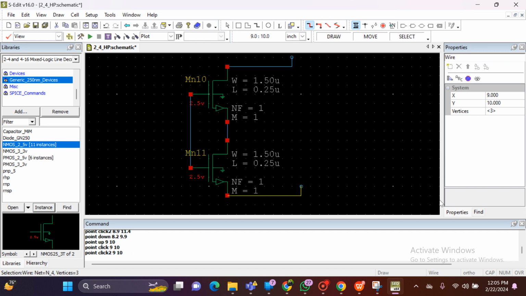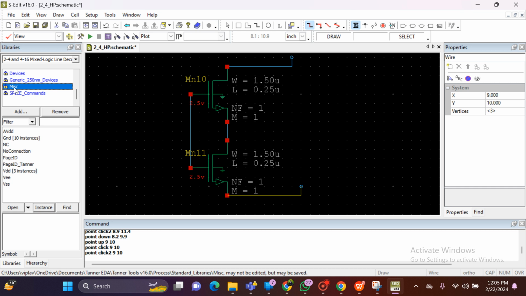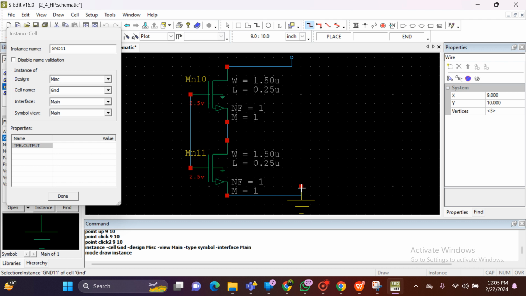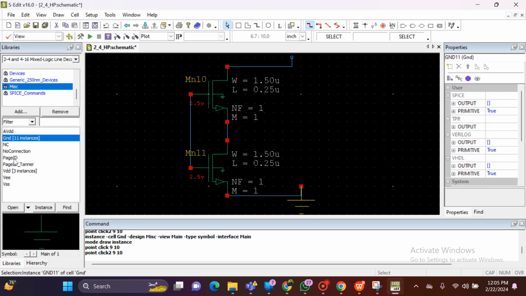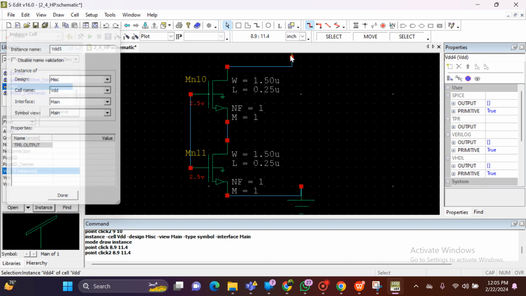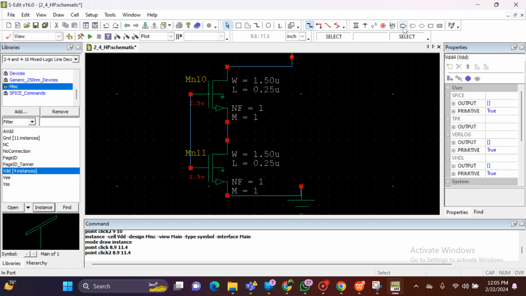In this misc you have ground. Click on instance, and you can connect your ground here. You have VDD, which means power. You can connect it here. Next, input and output: there is an input port, click here and come to this black space.